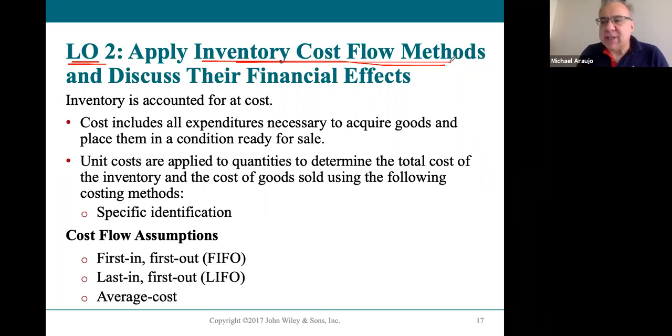So let's say, I'll pick on Roman for a second since he has questions, that Roman went into a sporting goods store and wanted to buy a new backpack for some hiking. Well, this sporting goods outdoor store started with a beginning inventory of 10 backpacks, and they've been purchasing 10 backpacks a month, every month, all year.